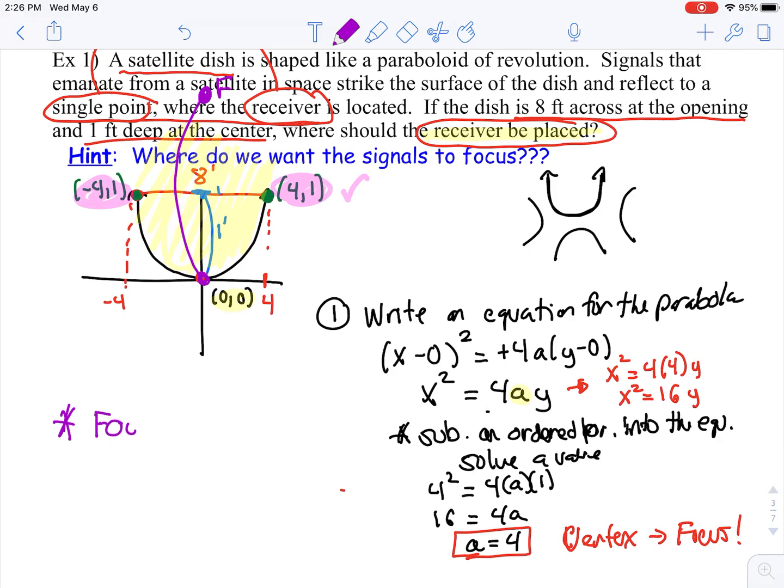So in answer to the question, the focus will be 4 feet above the vertex. Or actually, let's say 4 feet from the vertex, since we don't know what direction this satellite dish is actually pointing, but we do know that the focus is going to have to be 4 feet from the vertex, since that's our a value.